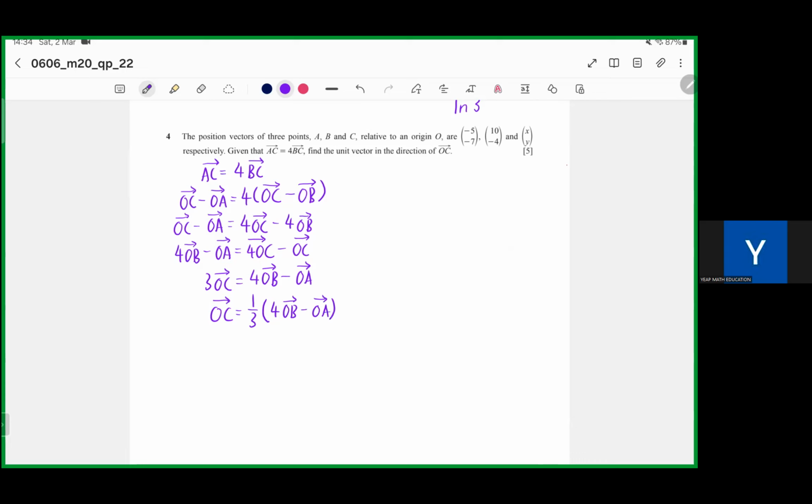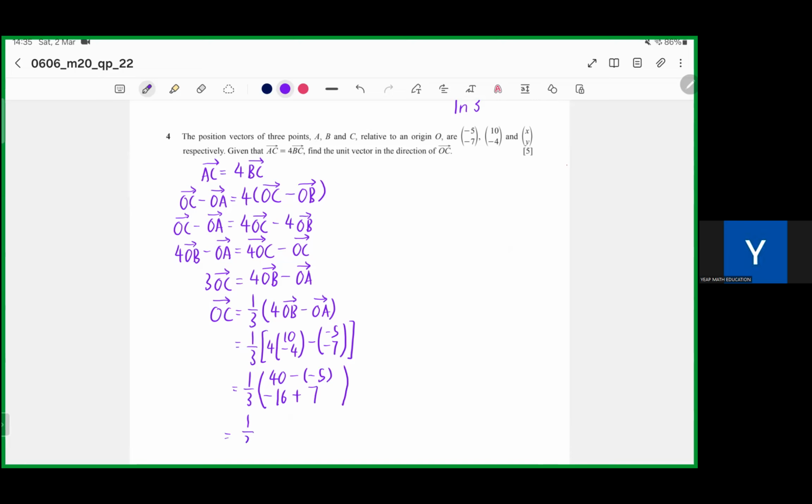Okay, so we can put in first 4 times (10, -4) minus (-5, -7). This is 40 minus -5, and here is -16 plus 7.